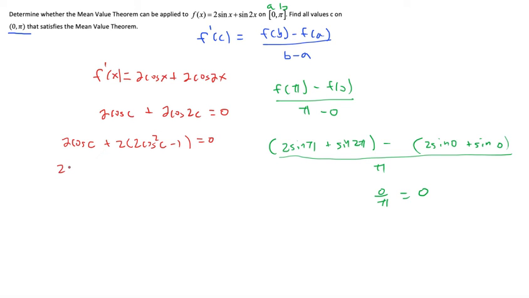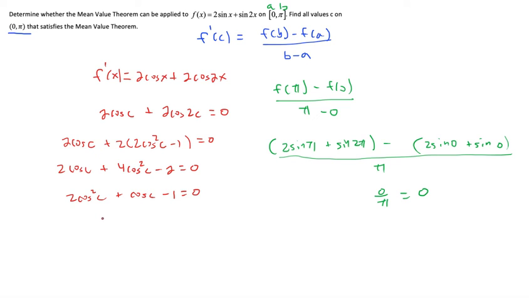So let me distribute through the 2, so I get 4 cosine squared c minus 2 equals 0. In this case, I can factor out the 2 and eliminate it, and I'm going to rewrite this in order. So I get 2 cosine squared c plus cosine of c minus 1 equals 0.